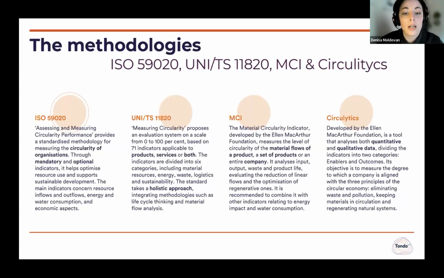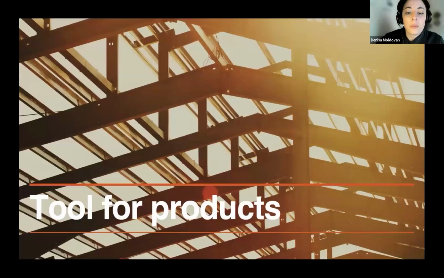These methodologies include the ISO 59020, a standard framework for assessing circularity performance through mandatory and optional indicators, but also the UNI standards, the material circularity indicator, and the Circulytics developed by the Ellen MacArthur Foundation. We can say that the ISO is at the basis of Tondo's tool. So now let's begin with the tool for product.